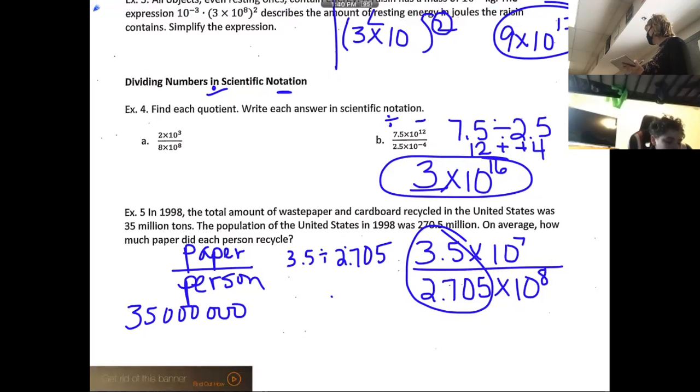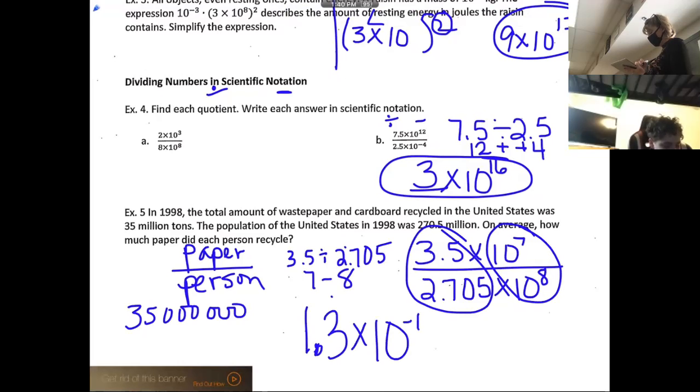Yuck, numbers. What is it? We're going to round to 1.3. Okay, so we get 1.3, and we're going to subtract these exponents. And that's how many tons per person.